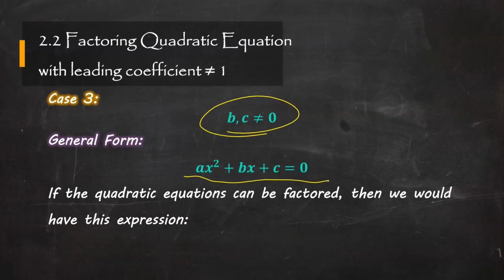Then we would always have the multiplication of two parentheses: uppercase A times x plus uppercase B, times uppercase C times x plus uppercase D, equals 0.